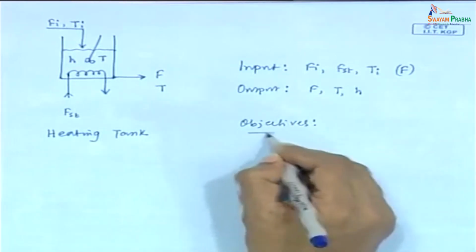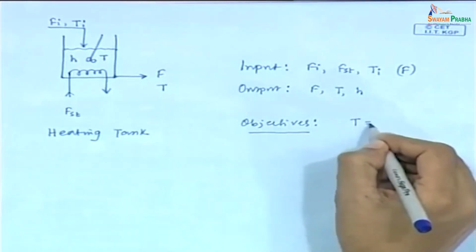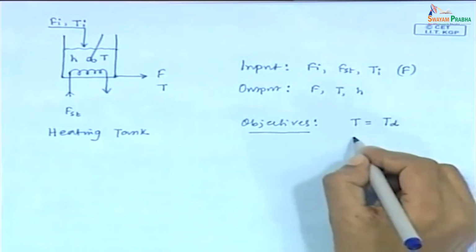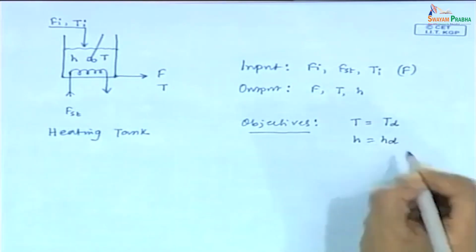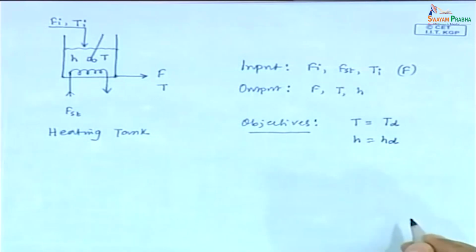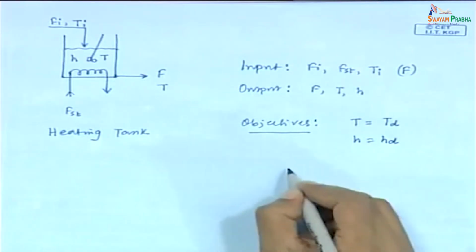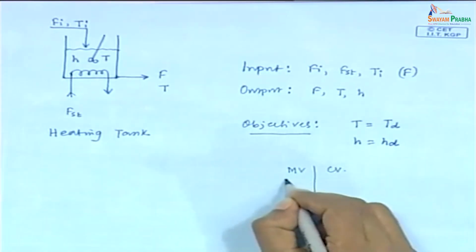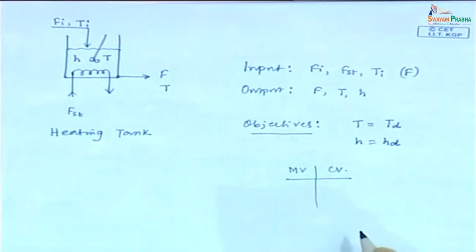We have mentioned the objective of this process. First objective is to maintain T at its desired value, and second is we need to maintain height at its desired value. Can you make the control pairs, I mean manipulated variable and corresponding control variable pairs?